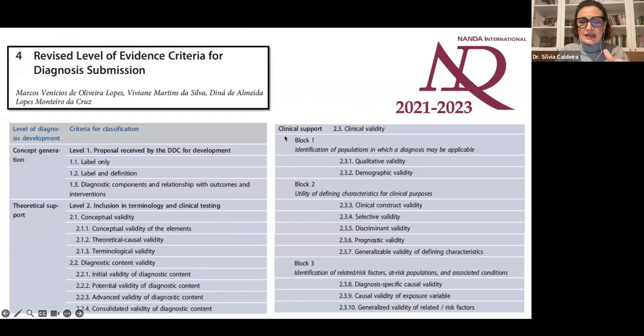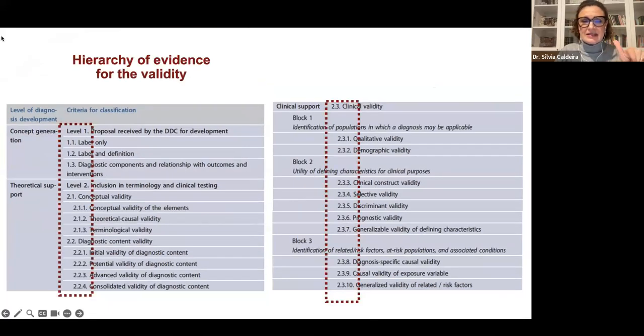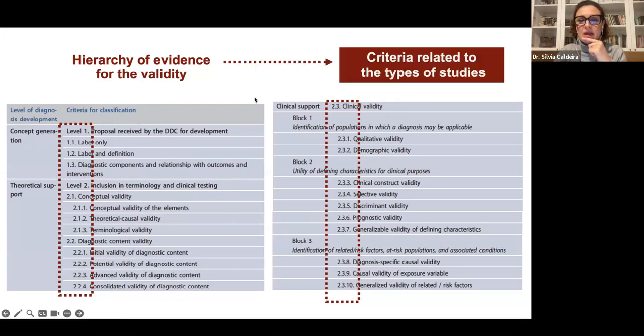When we look at the table, you can find the different levels of evidence, starting at 1.1, 1.2, 2, 3, up to 10. So there's a continuum in all these levels, and we will go through all of these levels of evidence.